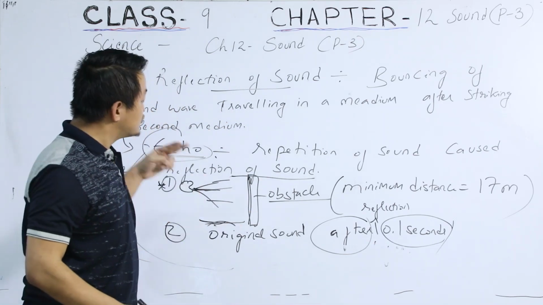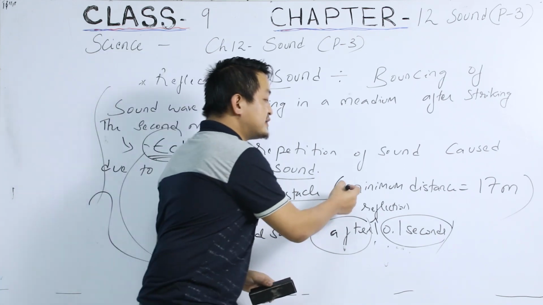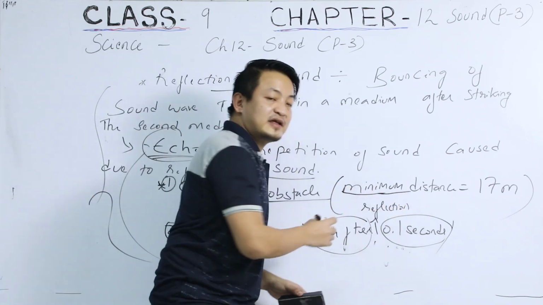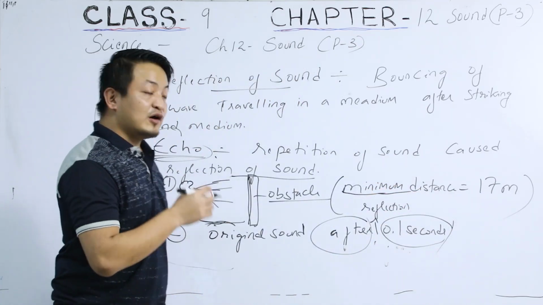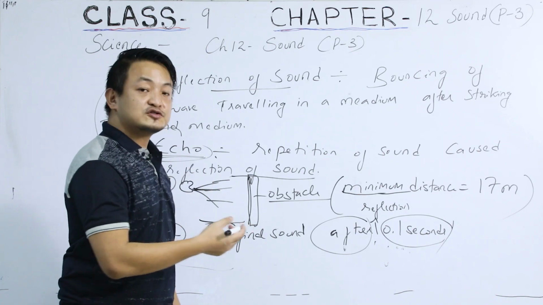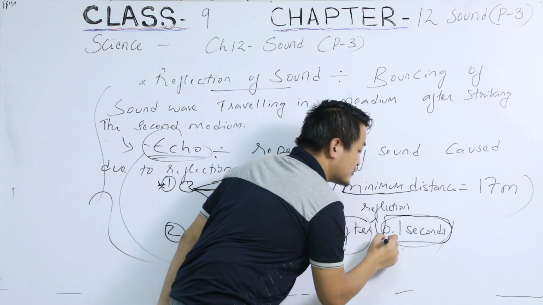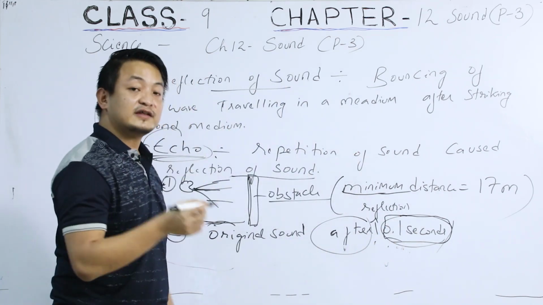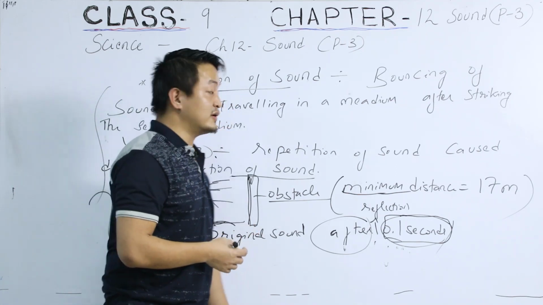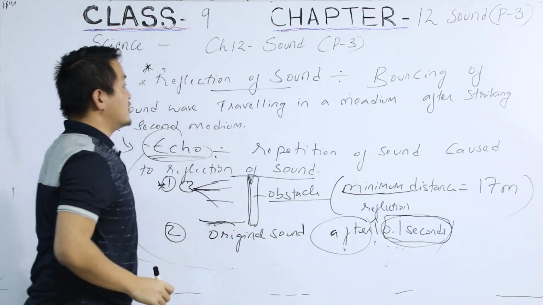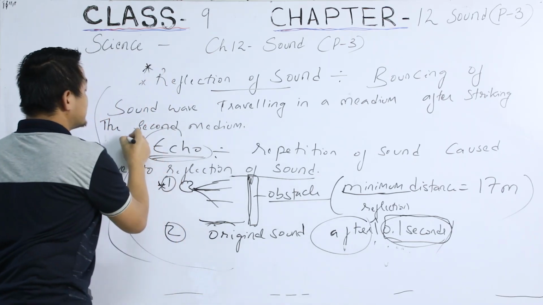There are two conditions for an echo to be heard: the minimum distance between the sound and the obstacle should be 17 meters, and the sound after reflection should reach our ear after 0.1 second. Only then will we be able to hear an echo. So that is all about reflection of sound. We are done with echo.